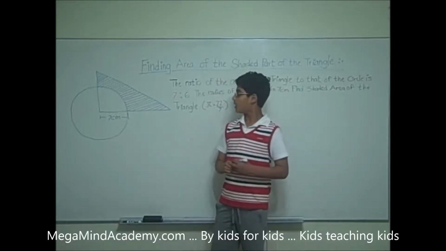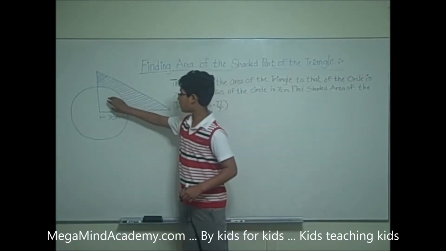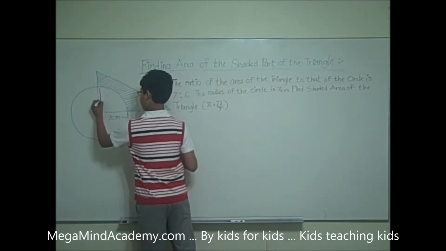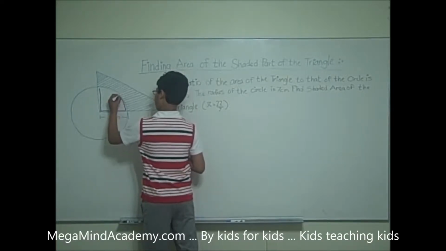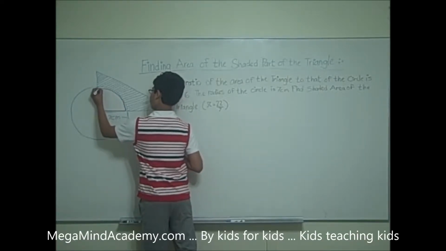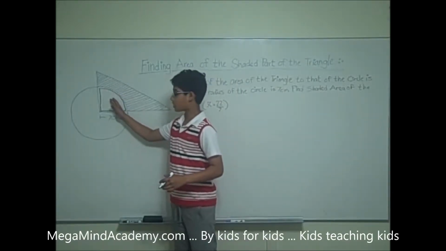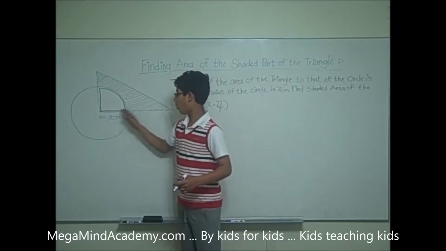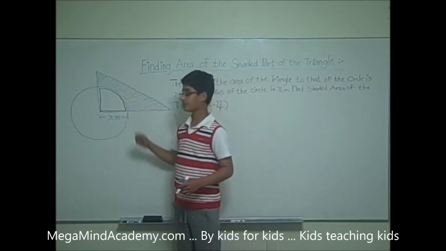Now, as we can see in this diagram, including this quadrant and the shaded part, this is a whole right triangle.